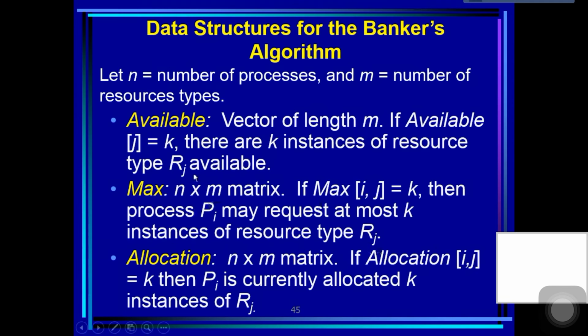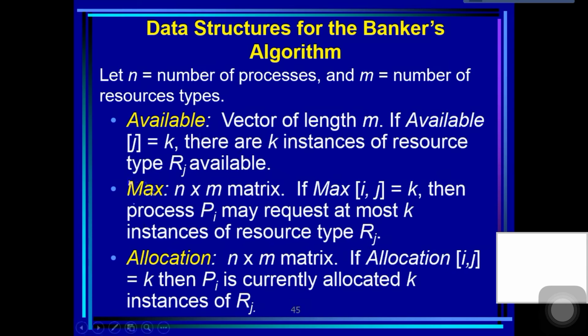The first is Available. It is a vector of length M. If Available[j] equals K, that means there are K instances of resource type Rj available.